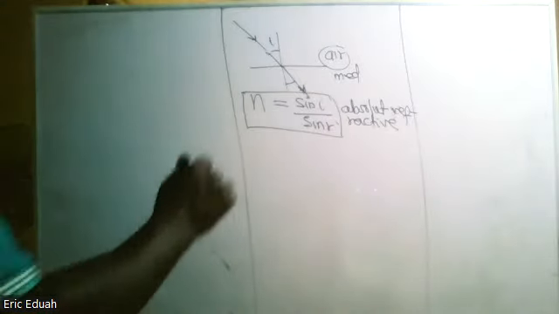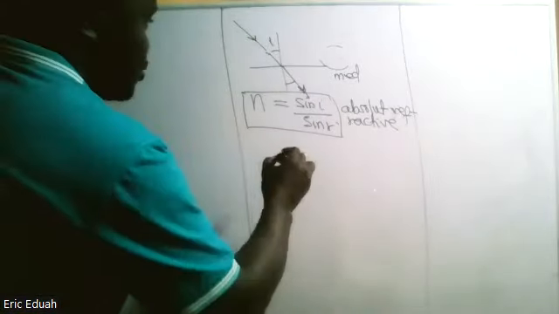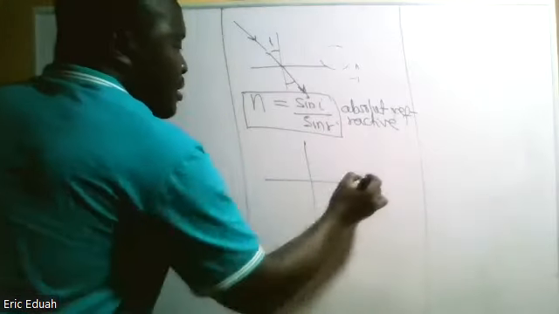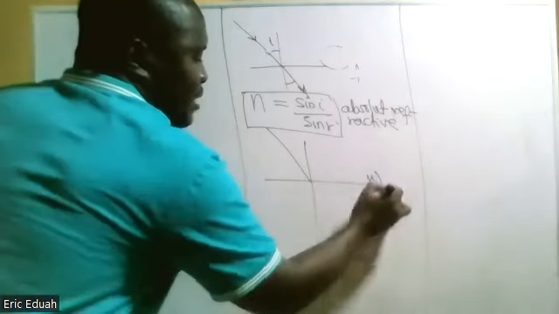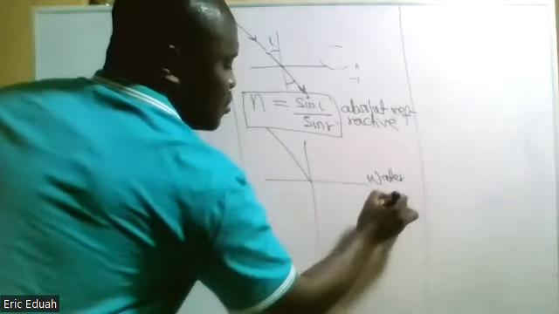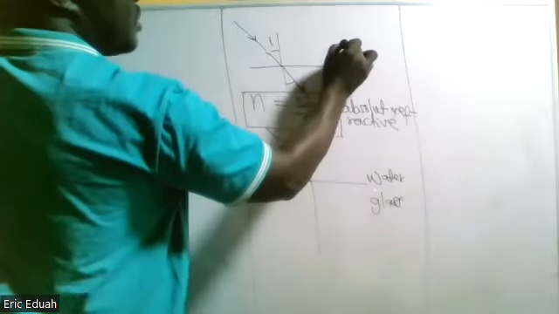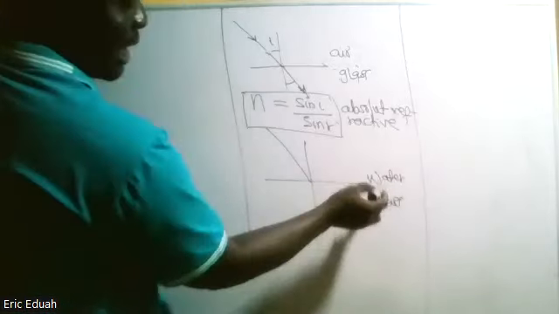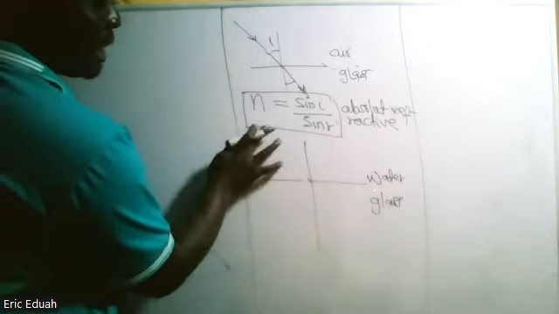What I mean is that supposing we have another situation. Let me be specific. If I say this time around, the light is being propagated from water to glass. Okay, water to glass. In the first situation, it is from air to glass. Water is less dense compared to the density of glass.